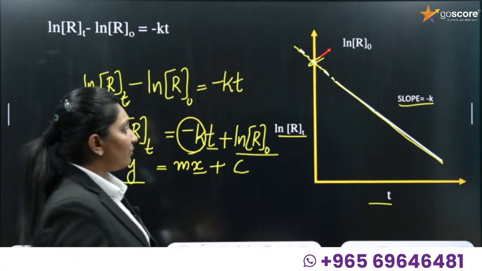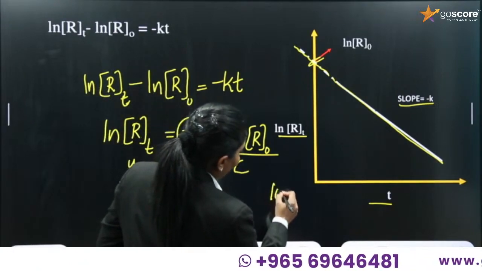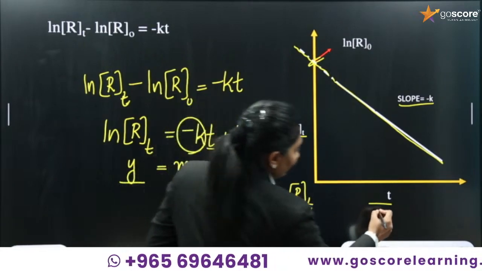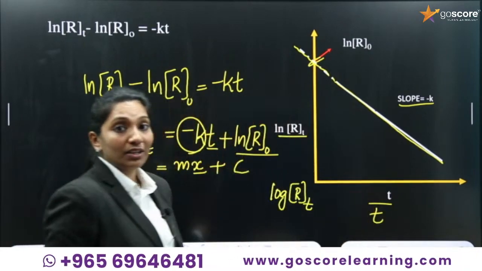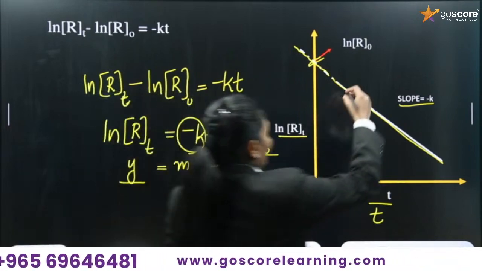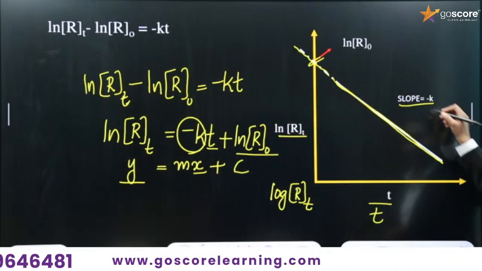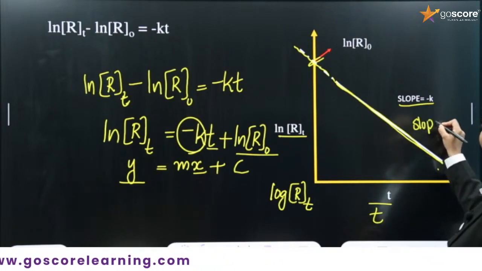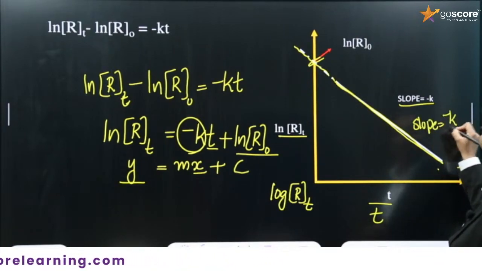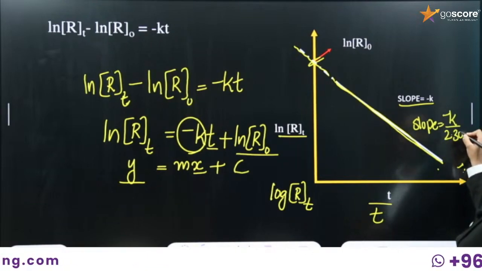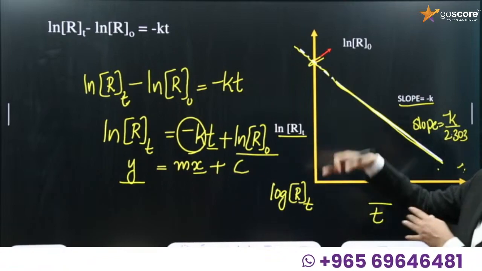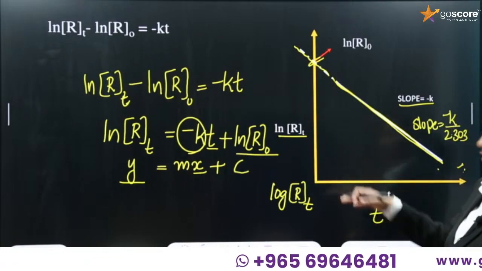In the same way, if you are taking log Rt on the y-axis and time on the x-axis, how will the graph look? You will get the same graph, but what will the slope be here? The slope will be equal to minus k by 2.303, because this 2.303 came when we converted the natural log into log.